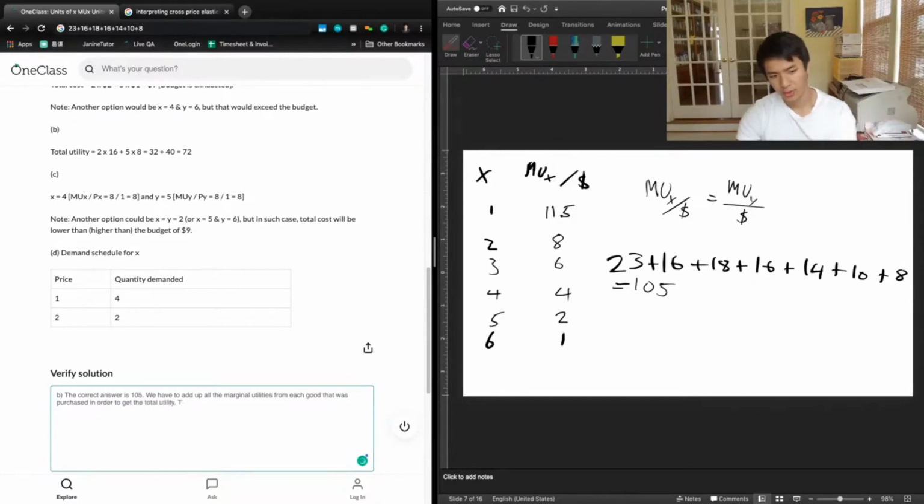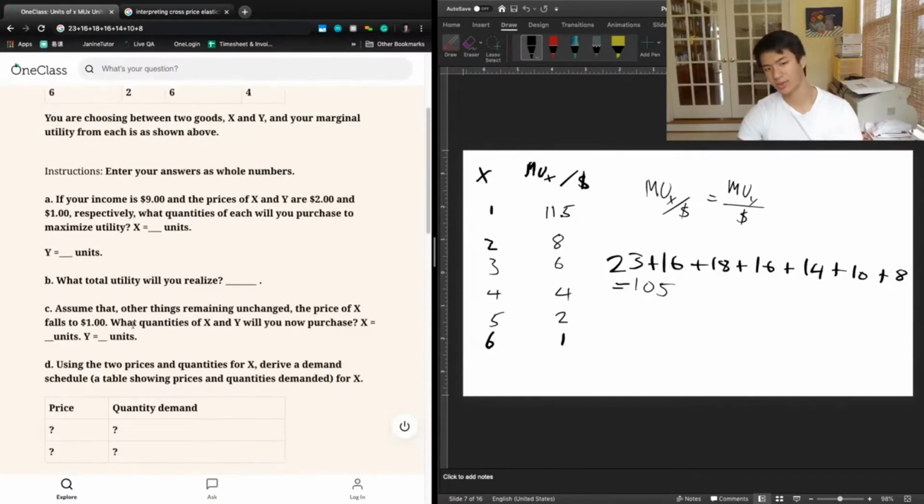The first two units of X gave 23 and 16 utils, while the 5 units of Y gave 18 plus 16 plus 14 plus 10 plus 8 utils. In total, this consumption bundle of 2X and 5Y gave us 105 utils. And that's going to be the correct answer here.